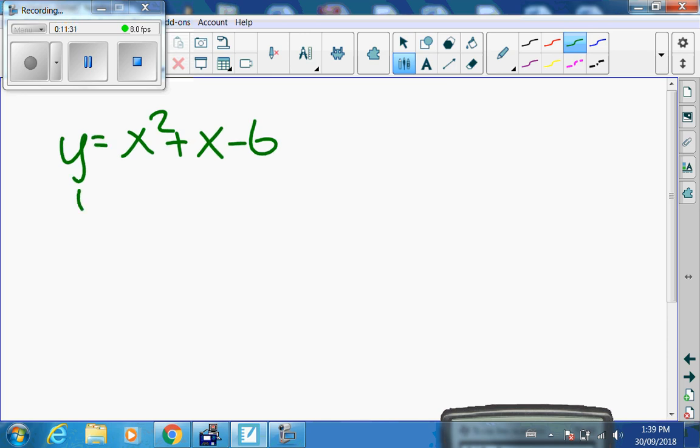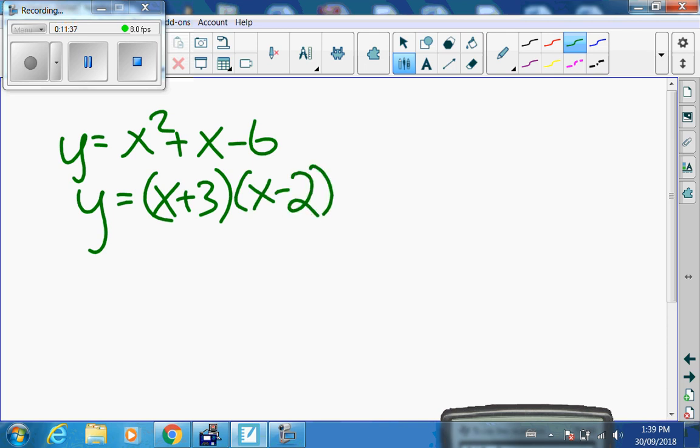Now that's going to factor to x plus 3, x minus 2. That's the factoring on that. And then again, we're going to compare y equals square root of x squared plus x minus 6.